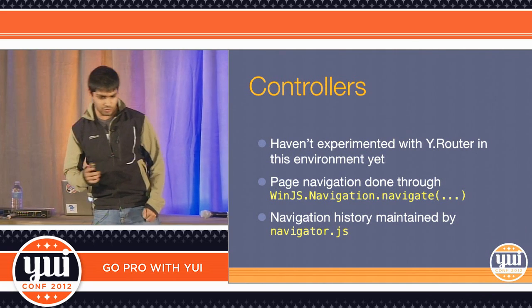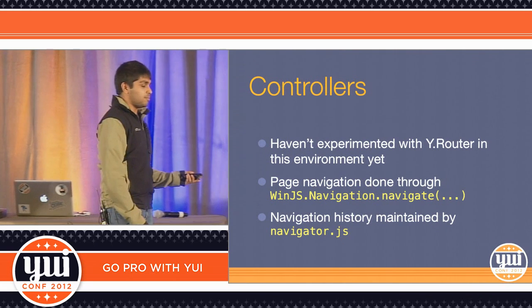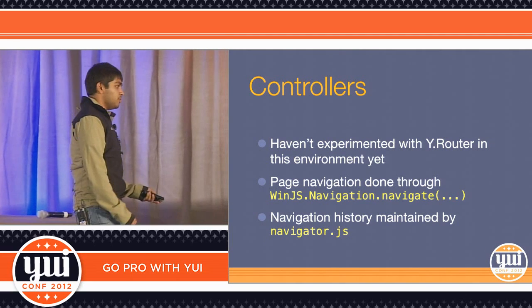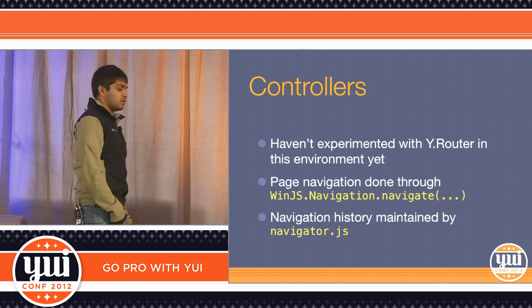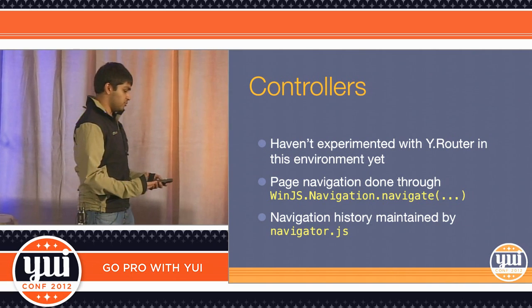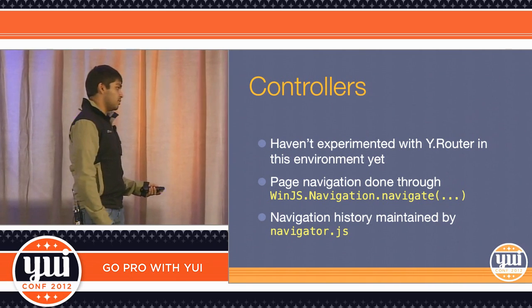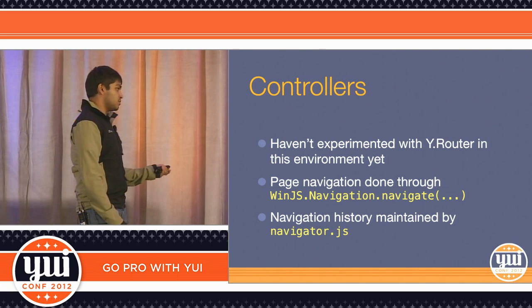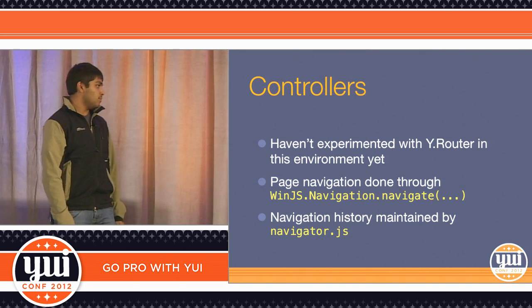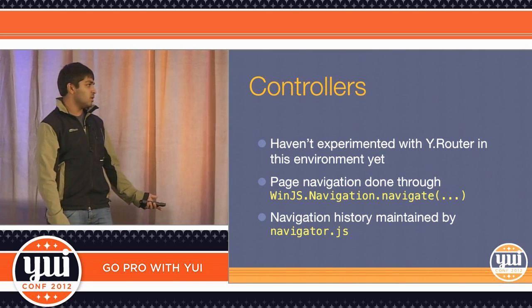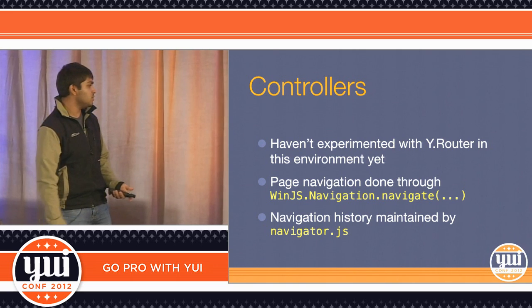Just want to make a brief note about controllers. So I actually haven't experimented with y.router in this environment. So right now, my controllers are still using standard, there's no YUI code in there. I mean, there is, but it's heavily leveraging WinJS APIs, which I think is fine, because controllers in my book can be specific based on their environments.